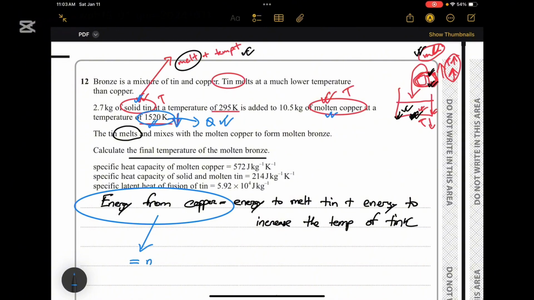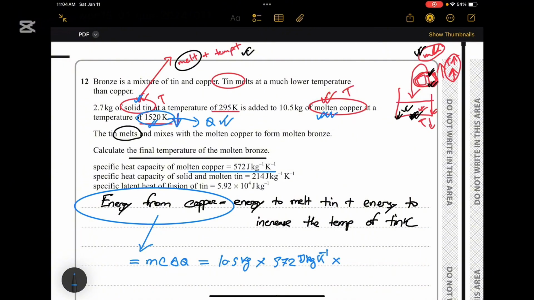Energy from copper is equal to mc del theta, which is equal to the mass given as 10.5 kg, times the specific heat capacity of molten copper, 572 joules per kg per Kelvin, times del theta.